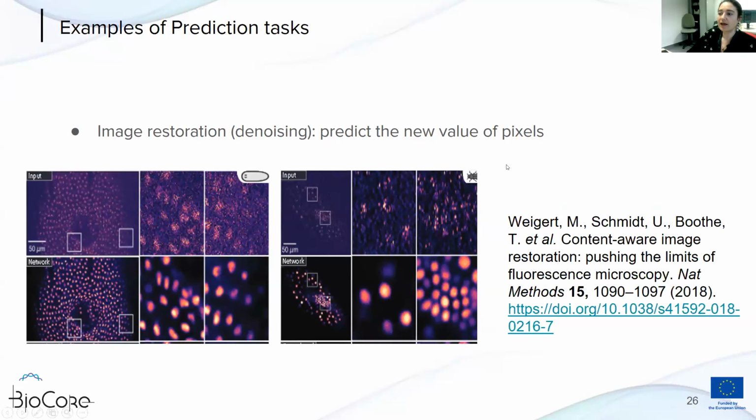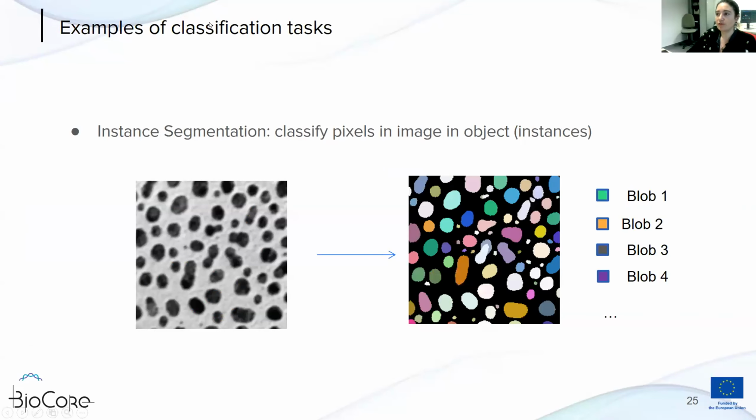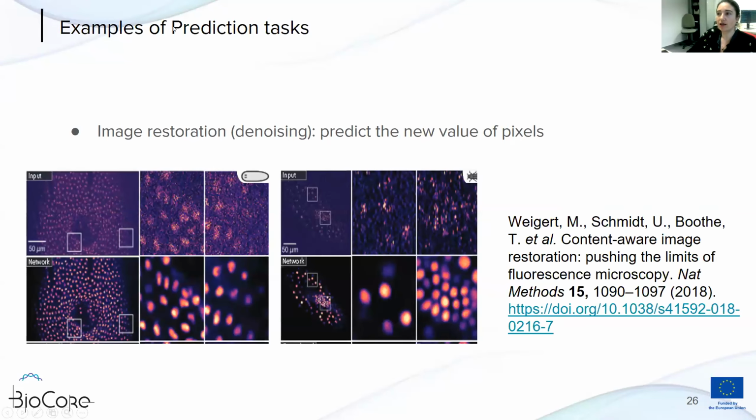Then what you have seen, and that was the purpose of the previous session also, on image restoration. Just in the example before, I was doing classification, and we have seen prediction was mostly used for image restoration. So basically, you have seen that you can get denoising from it.